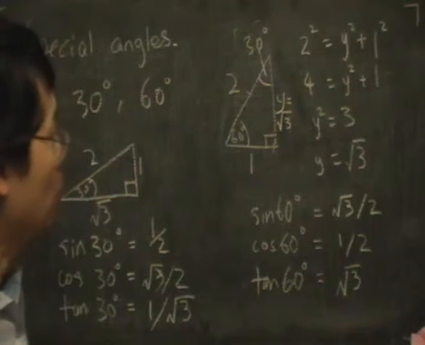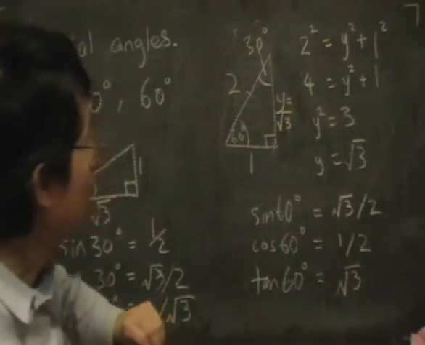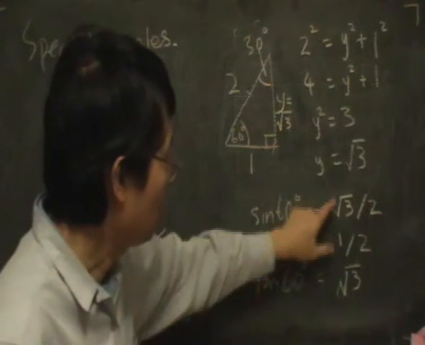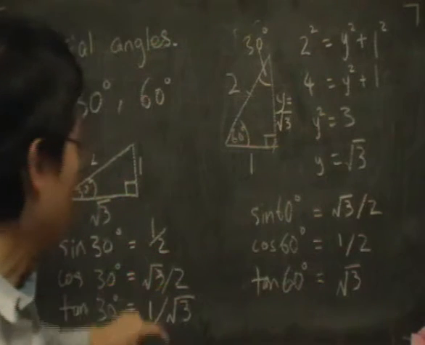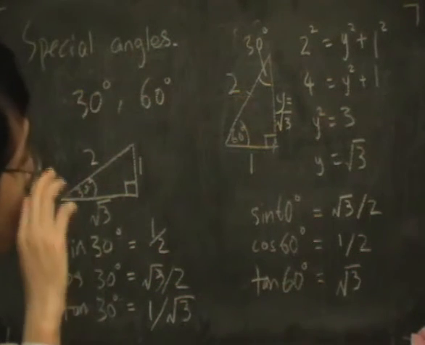Now I would much prefer to remember just the one triangle rather than to remember 1, 2, 3, 4, 5, 6 equations. That's quite a lot of equations to remember.